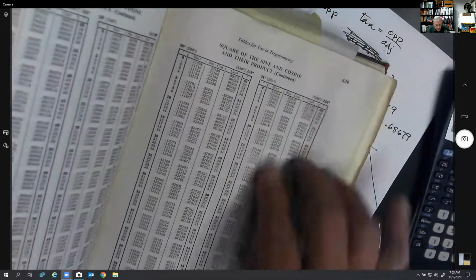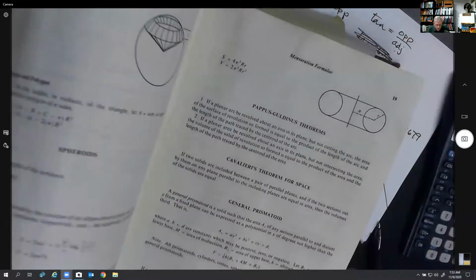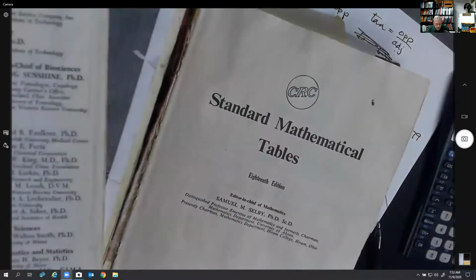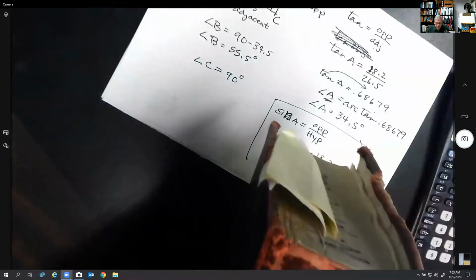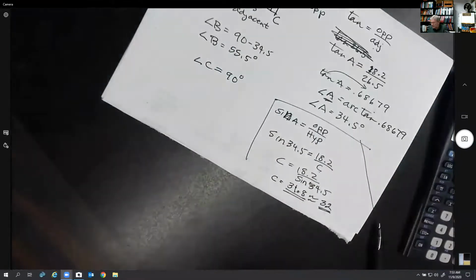Before calculators, we used to have to do something like this, tables for trigonometric functions. So all kinds of things we used to have to use. These different formulas, they had all kinds of crazy things. So this is a pretty old book, many, many years old. I think they're up to the 90th edition, you know, kind of dates me a little bit.